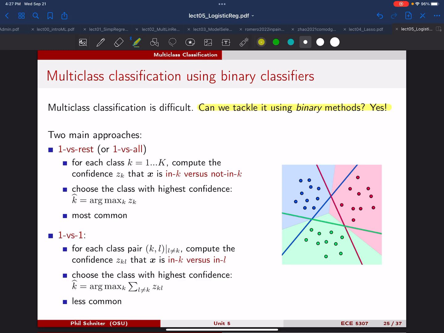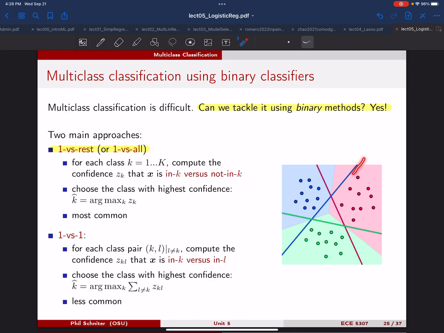There are basically two traditional ways you can put together binary classifiers to make a multi-class classifier. The first one has two names. Sometimes it's called one versus rest, sometimes one versus all. But this is the idea. For each class, k indexing through our different classes, like here we have blue, red, and green, I will start with blue and formulate a classification problem: blue or not blue.